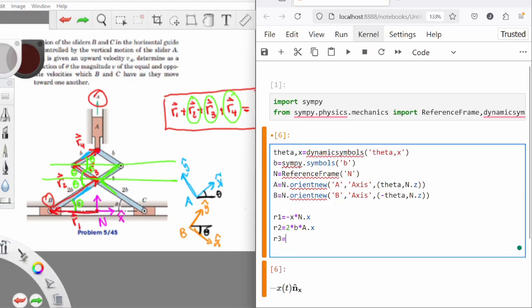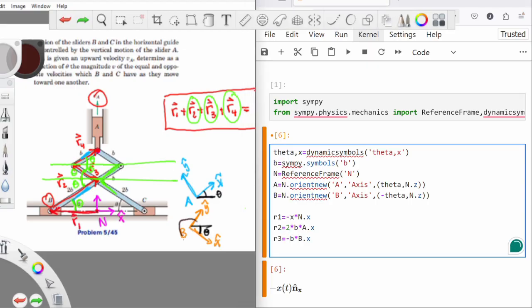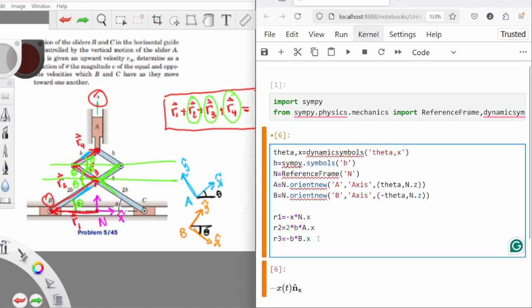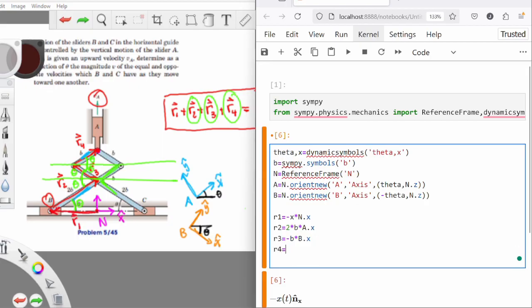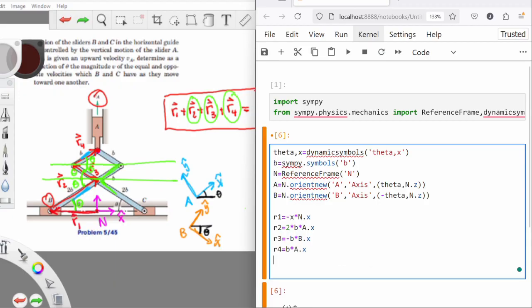Now R3, its magnitude is just b, and this vector goes in the bx axis but in the negative direction because our bx axis is pointing down, but our R3 vector is going up, so it's the opposite direction. And finally R4, that is b in the ax axis.